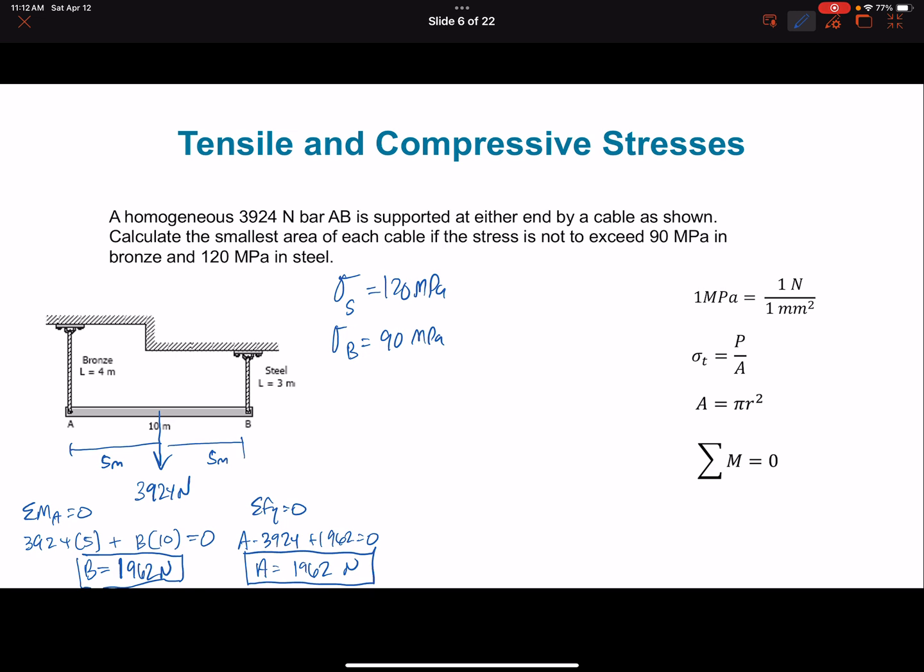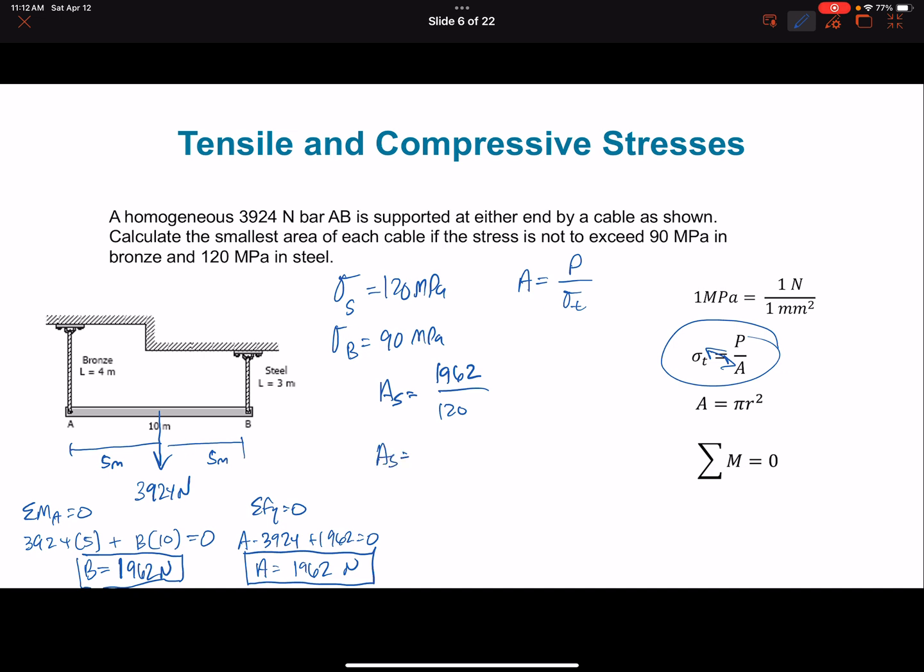So we just use our formula here to find area. I'm just going to rearrange, cross multiply. Area equals P over sigma. So for the steel, area of the steel is equal to 1962 over 120.